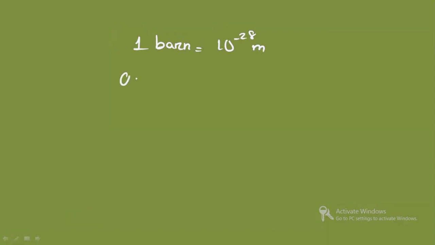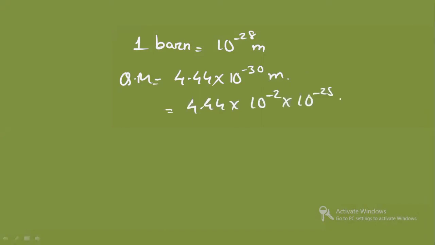Your answer for the quadrupole moment was 4.44 into 10 to the power minus 30 meter. Now you can write it as 4.44 into 10 to the power minus 2 into 10 to the power minus 28 meter. This will become barn, and this 10 to the power minus 2 you can bring into the denominator as 10 squared.